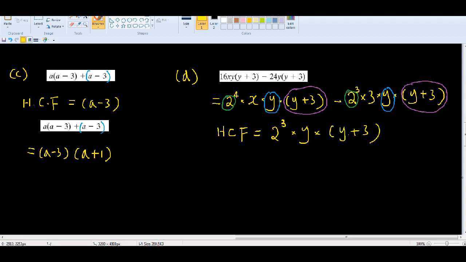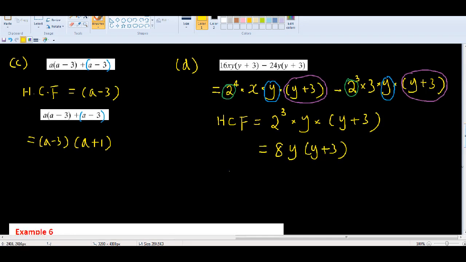Again, the y in the bracket has a very different meaning from the y as a factor. So that will give you 8y, bracket y plus 3, right? So let's do the factorization. You need to take that 8y out. I need to copy the question here. Sorry.